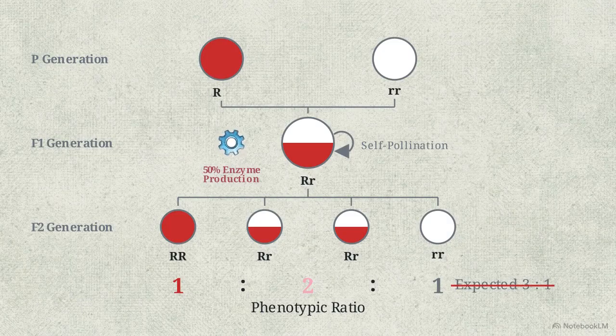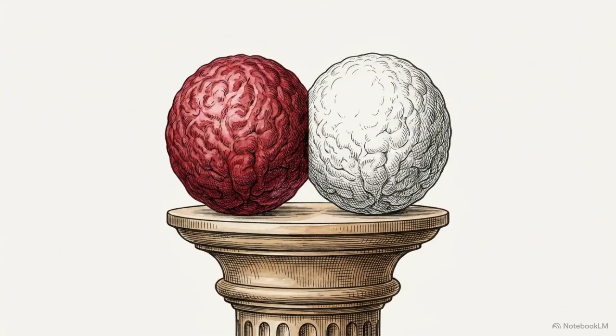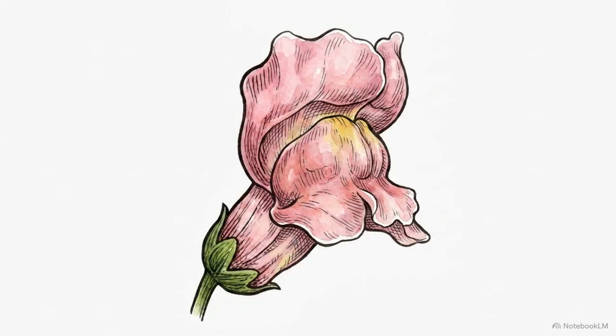This 1:2:1 phenotypic ratio completely breaks Mendel's expected 3:1 outcome. The genetic material itself never blended. The individual R and r factors segregated cleanly into the offspring, just as Mendel predicted. The macroscopic expression simply fell short because of an enzyme deficit, a process called incomplete dominance.